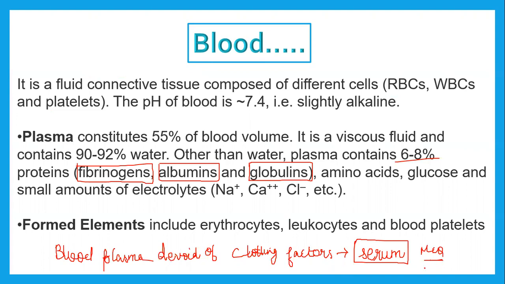Okay, so you know what is fibrinogen. When we were studying about blood coagulation, we already studied what fibrinogen is and what its functions are. Fibrinogen is a blood protein which helps in the clotting of blood. Then you have the albumins.